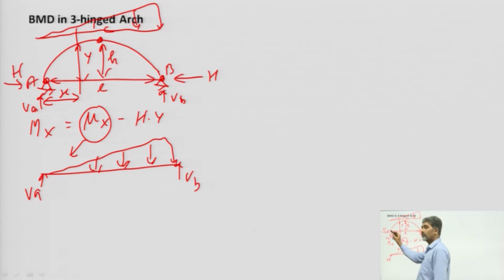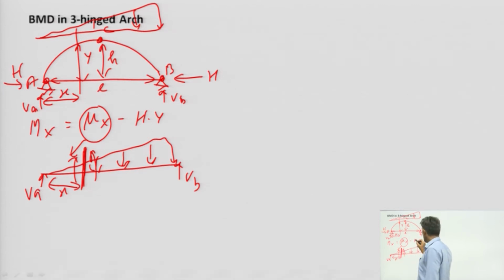Consider a horizontal beam with the same loading as in the given arch. The value of bending moment at the same section gives you the beam moment, and its plotting is very simple. You can plot it by calculating the moments in terms of x.